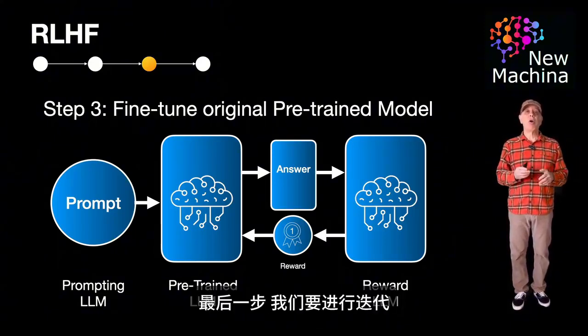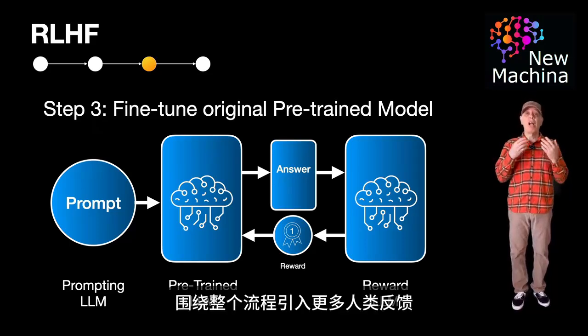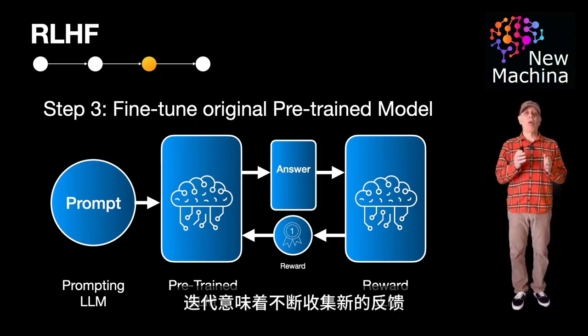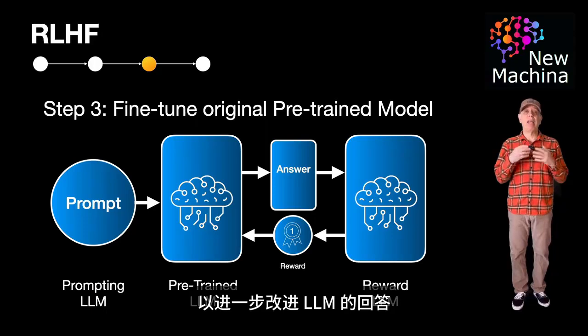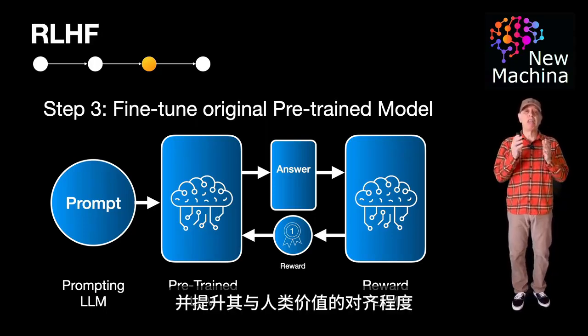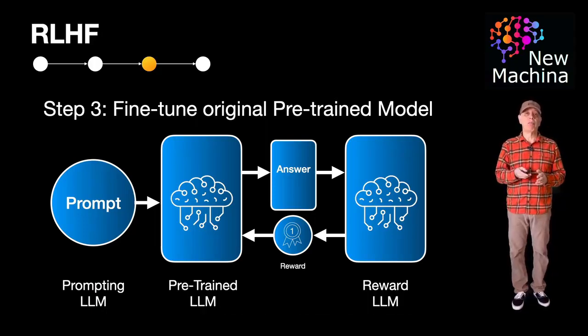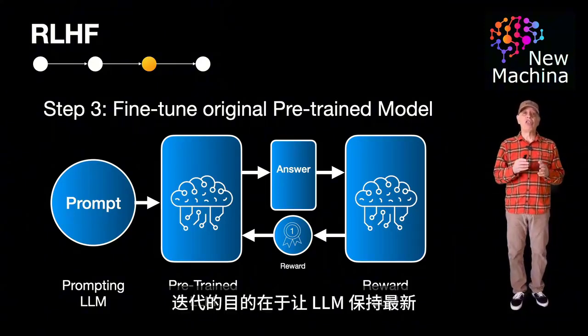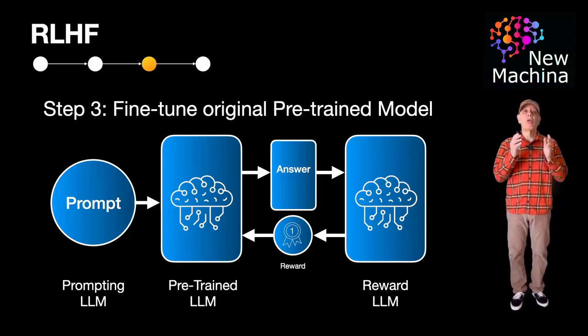So the last step, we iterate over the entire process with more human feedback. Iteration involves continuously collecting new feedback to refine the LLM's responses and improve its alignment with human values. Essentially, iteration is about keeping the LLM up to date and aligned with what humans want through continuous learning.